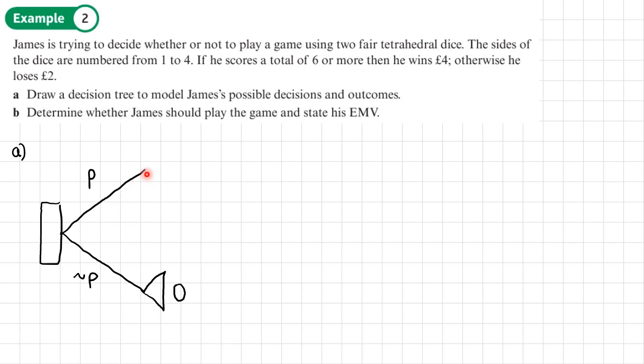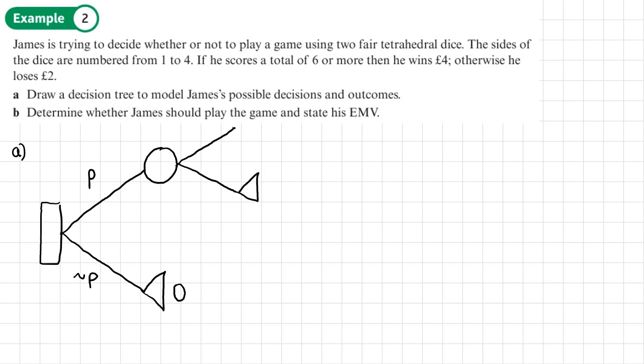Now, when he does play, there are options in terms of whether he wins or loses. So this is where we put a chance node. So that's going to be a circle. So remember, a circle is a chance node. And this is going to have our probabilities of whether he wins or whether he loses, and how much he wins and how much he loses.